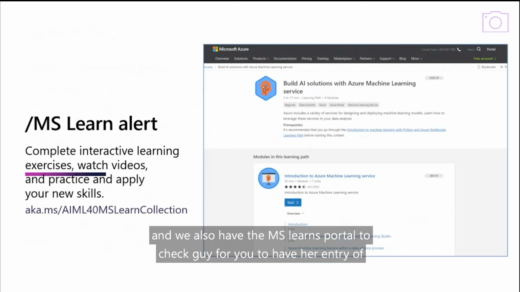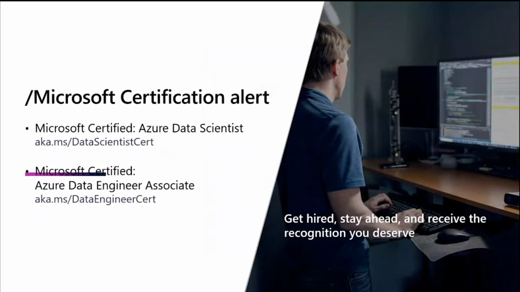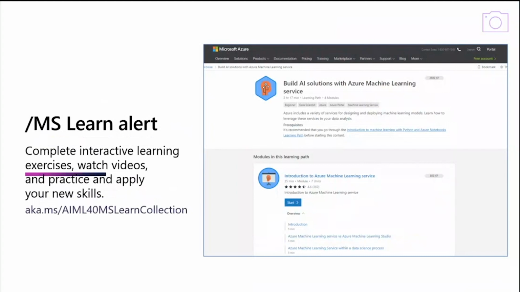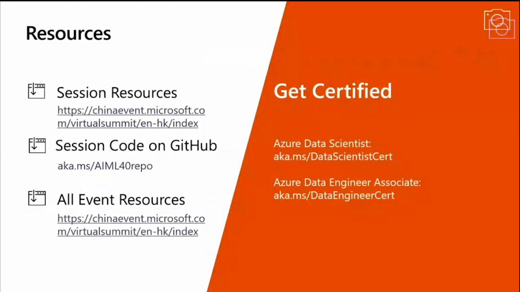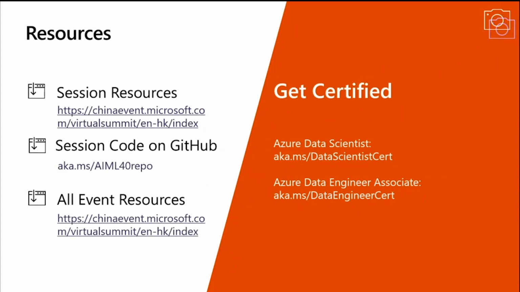We also have the MS Learn portal to guide you as an entry to Azure Machine Learning. After you gain a lot of experience and testing, you can consider taking certifications. We have Data Scientist and Data Engineer Associate. All the lab resources and materials you can obtain from here.